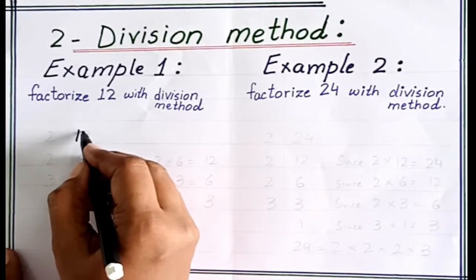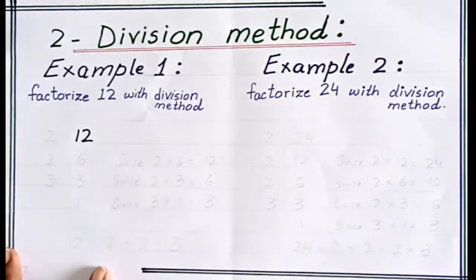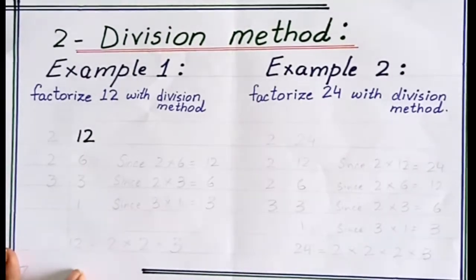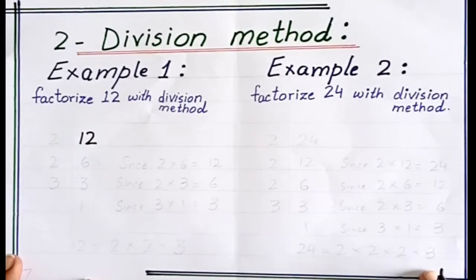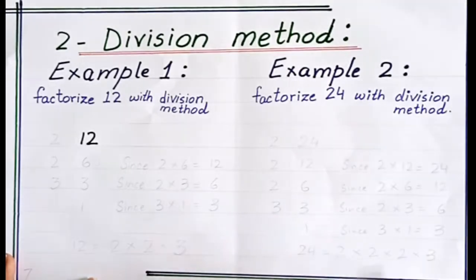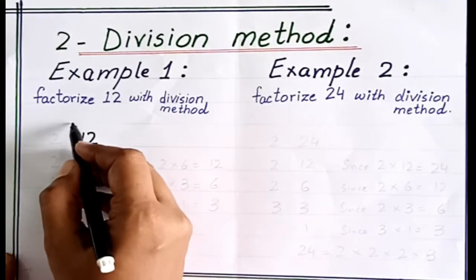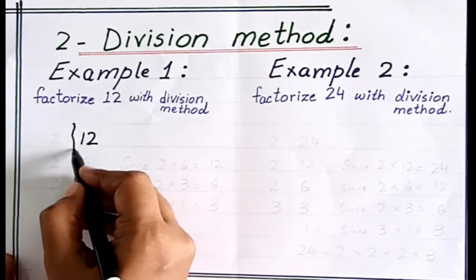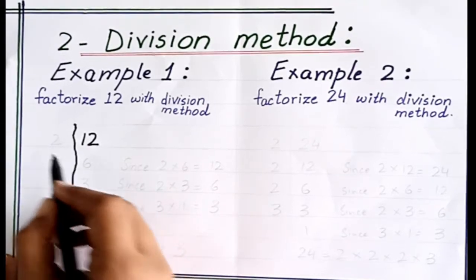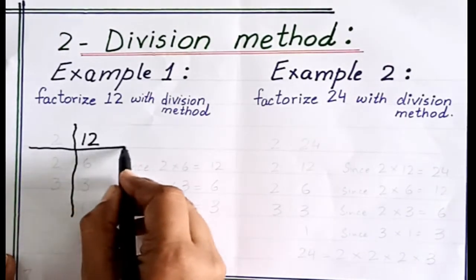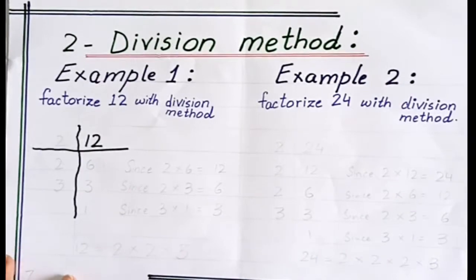So we will factorize 12 first. We have to find the factors of 12 with the division method. So over here you have to make an LCM sign. Okay, over here. What happens here, students?